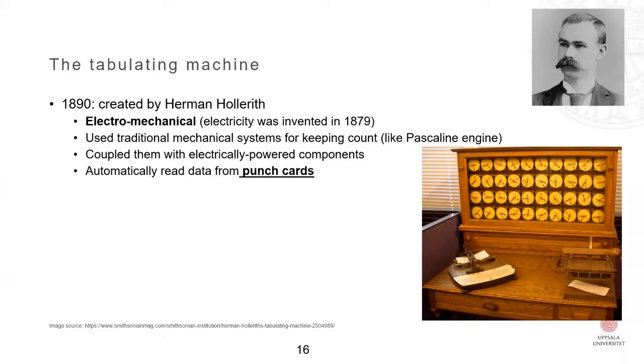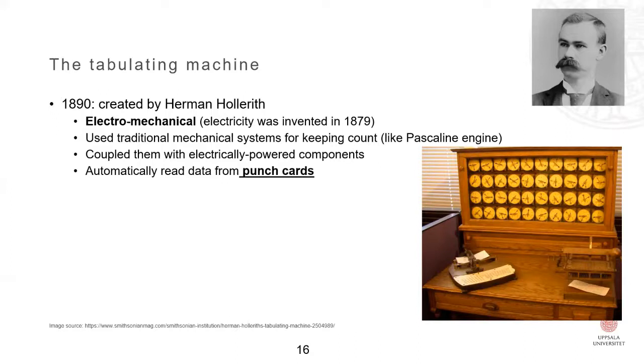The technology had not evolved enough at that time for a machine to be purely electrical. That machine used traditional mechanical systems for keeping counts. It had gears and so on, like the Pascaline calculator, but it coupled them with electrically powered components that helped it to read data automatically.